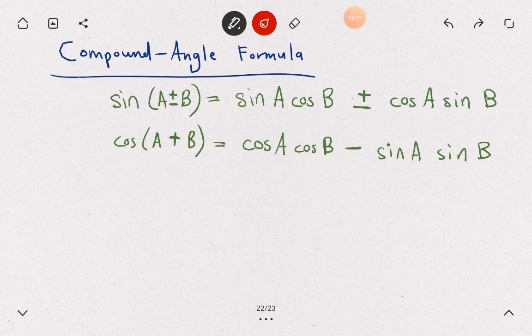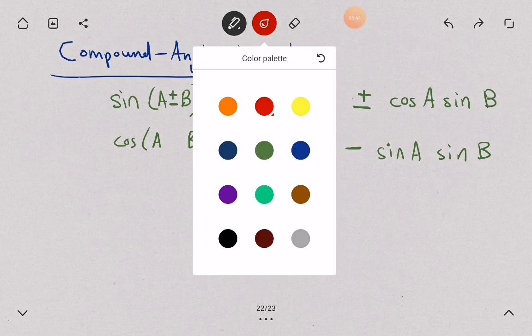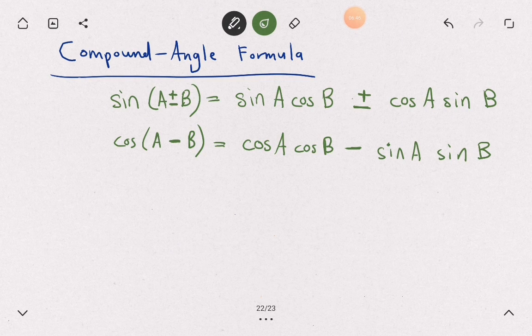Okay, and then what happens when you change the sign here? Then the sign here also changes to a plus.